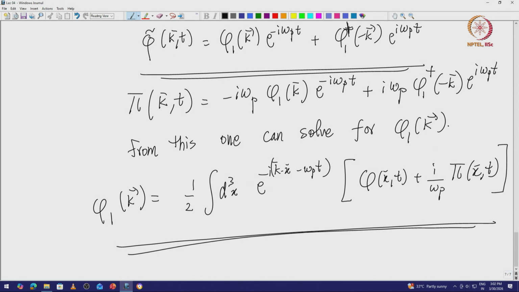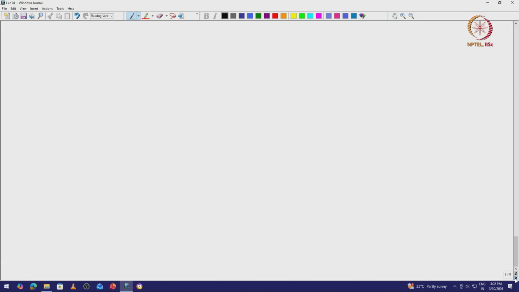Now, we can actually look at the canonical commutation relations. We know the canonical commutation relations between phi and pi. Now, we can ask the question, what are the canonical commutation relations in momentum space for phi 1. So, for phi 1 of k and phi 1 of q, you have the canonical commutation relations as follows.